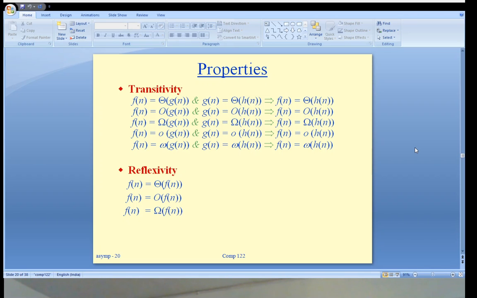It means if a function Fn is bounded by some function Gn in some notation, and Gn is bounded by another function Hn, then Hn will bound the function Fn. That's called transitivity. And reflexivity means each function bounds itself.